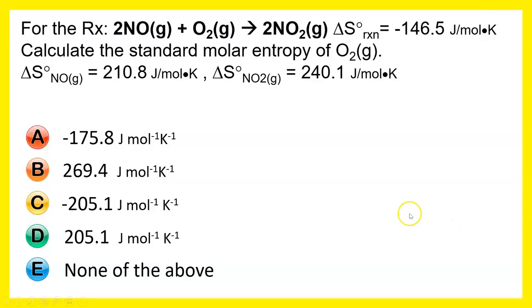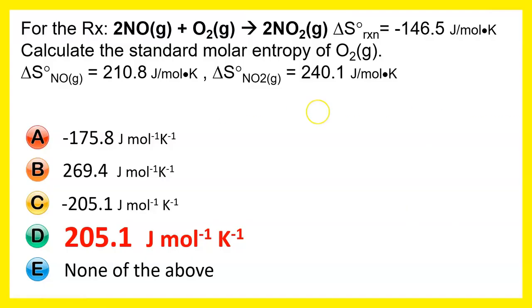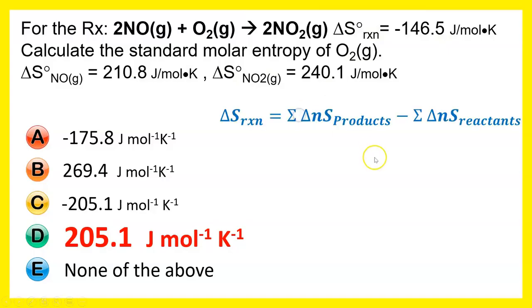All right. How'd you do? So we have all S values, so we can use the subtraction method, products minus reactants. I know what the final is for the reaction.